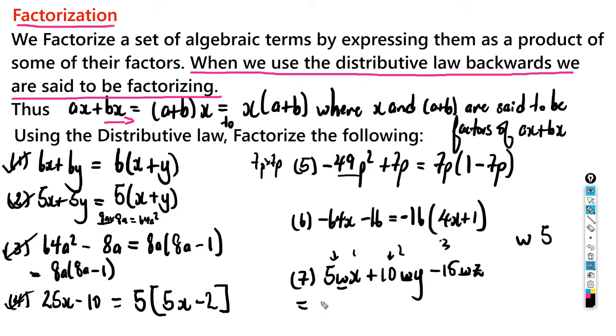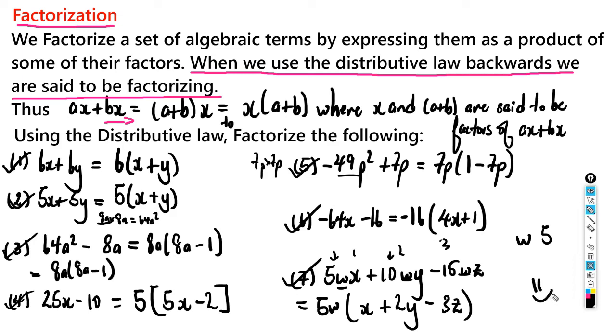So we're going to do that. We're going to say 5w, and then we're going to get x plus 2y minus 3z, and that would give us the answer here. Okay, guys? All right, so we're pretty much finished with factorization using the distributive law.